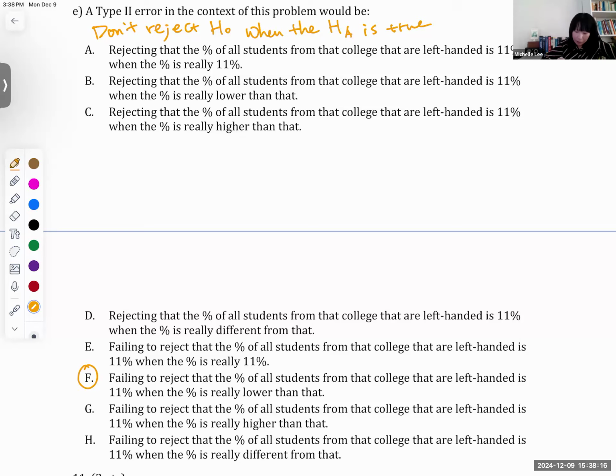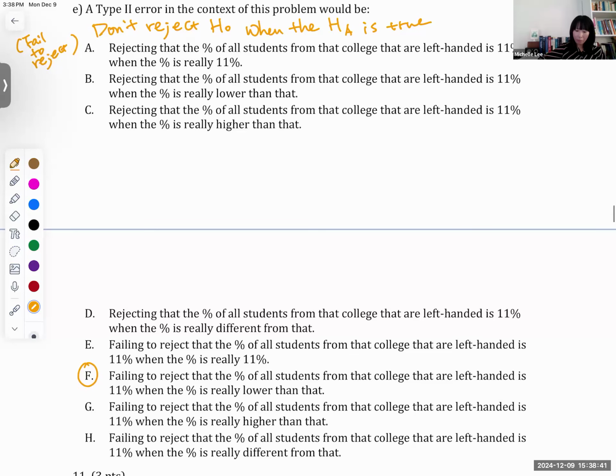So is it fair to reject, fail to reject the null hypothesis, but actually the alternative is true, right? So the F is the correct answer.